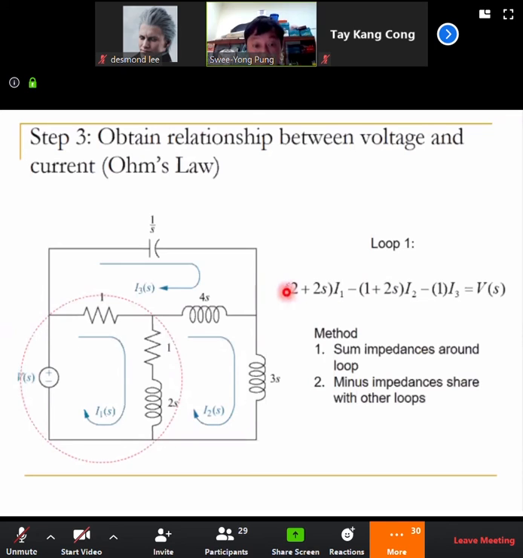Then remember we have to minus the impedance shared with other loops. Let's look at loop 2. The components sharing with loop 2 are this one and this one.